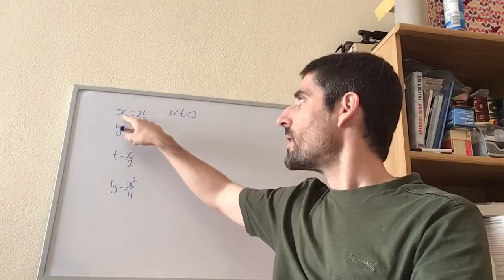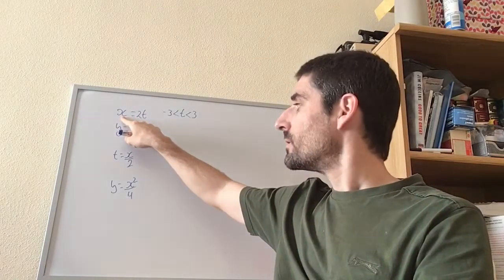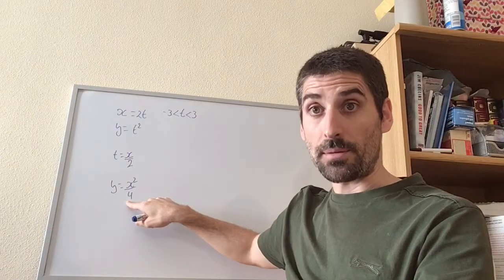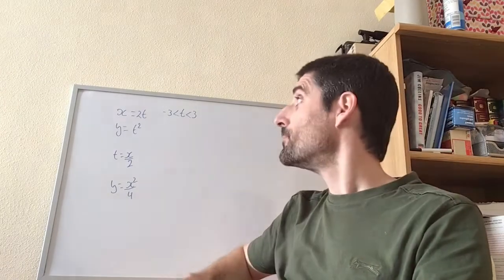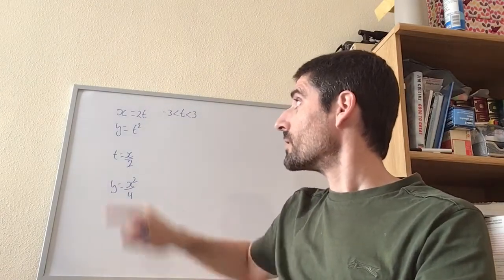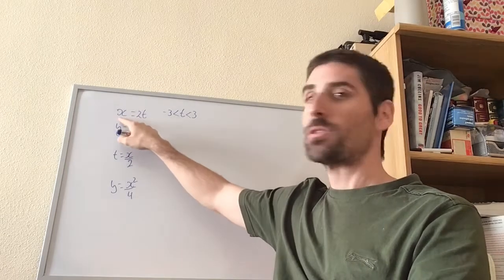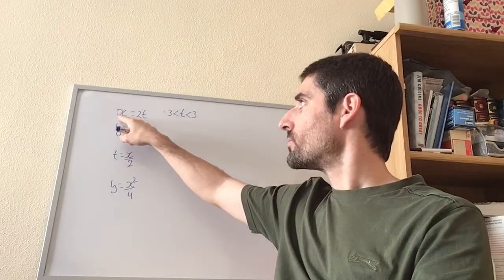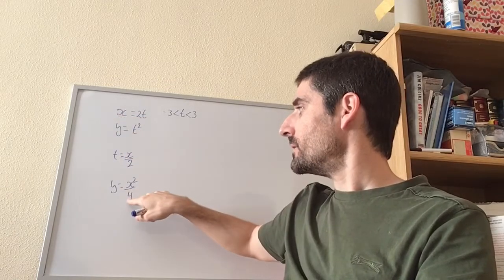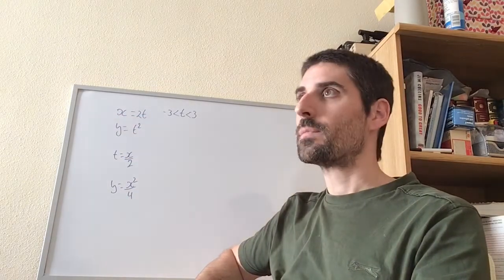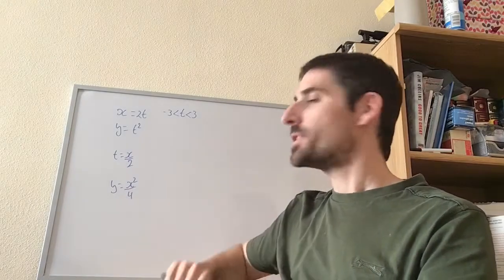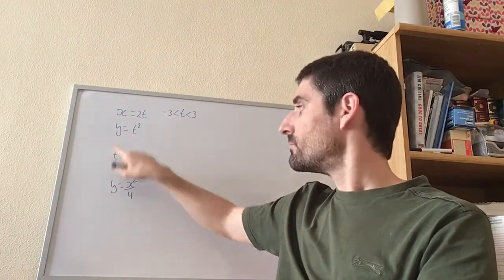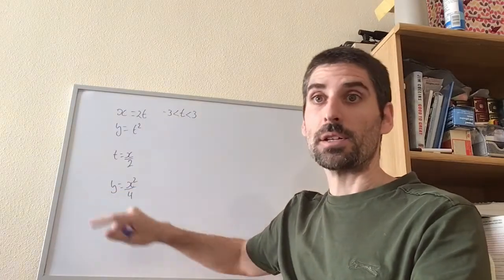So the range of this function is the domain of the Cartesian, because the values that I get out of this are the ones that I input here. So the range of x is the domain of the Cartesian, and equally the range of this function here is the range of the Cartesian.